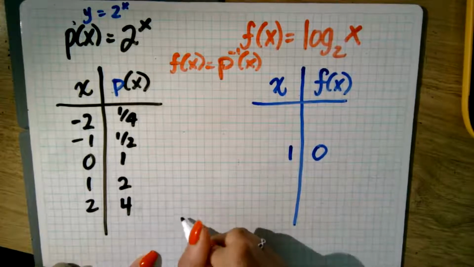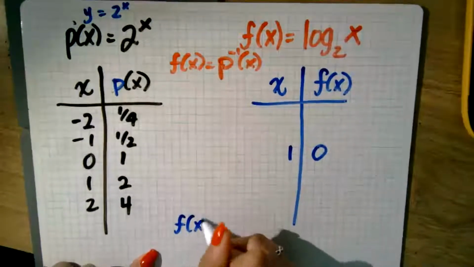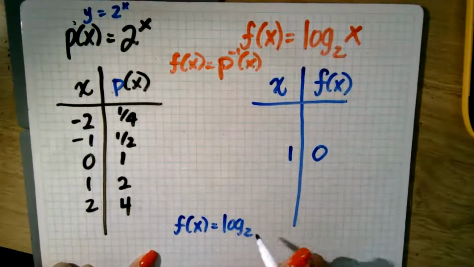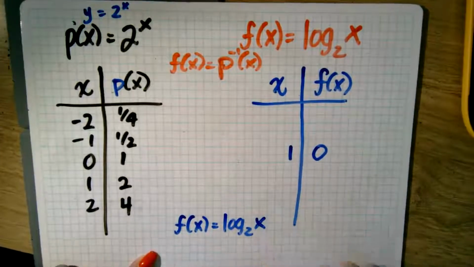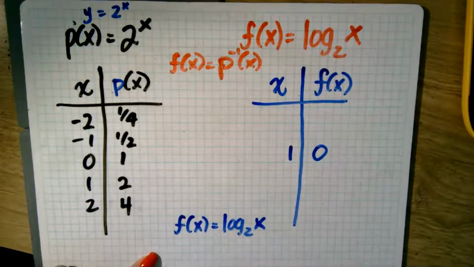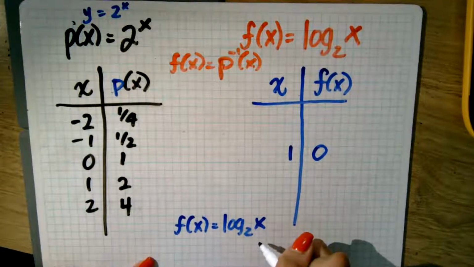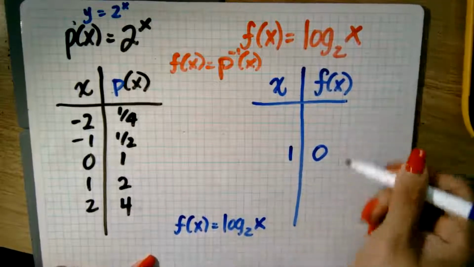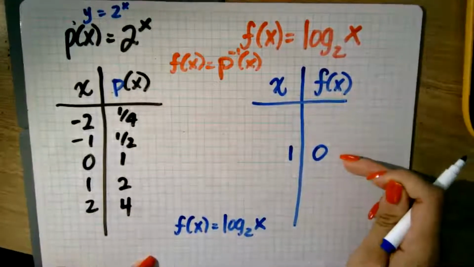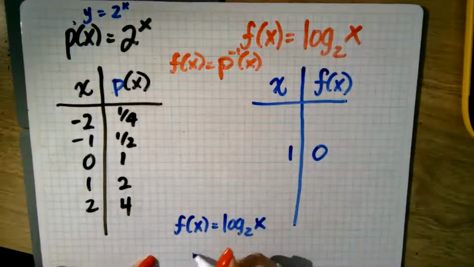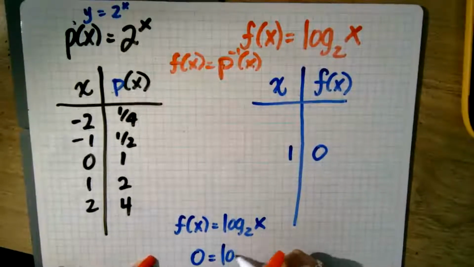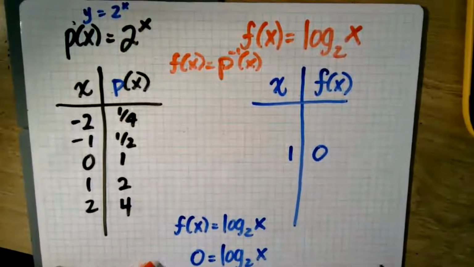Is it true that if I have f of x equals log base 2 of x, let's see, I have f of x is 0. Notice that my f of x is 0. 0 is equal to log base 2 of x.